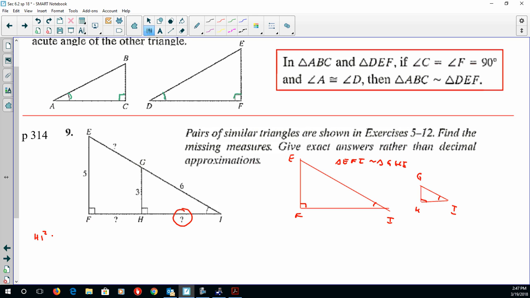The Pythagorean theorem says they add up to hypotenuse squared. Okay. So HI squared plus 3 squared equals 6 squared. 3 squared is 9. That's what this number is supposed to be here. That's supposed to be a 9. Okay. HI squared equals 27.